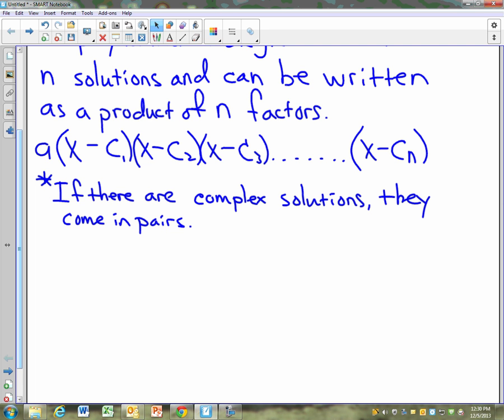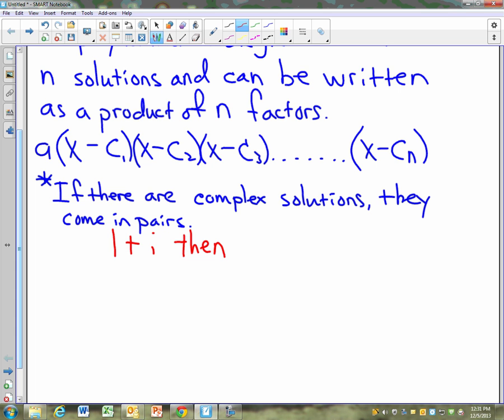If there are complex solutions, they come in pairs, right? Here's an example. If 1 plus i is a solution, then its conjugate is a solution as well.